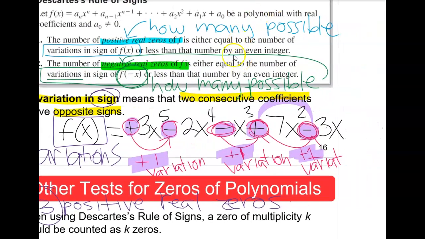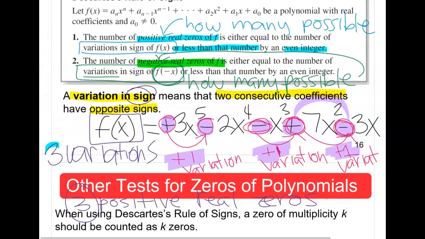If you notice here, the theorem says, or less than that number by an even integer. So what does that mean? To this number of variations, we could subtract an even integer. What's the first even integer?